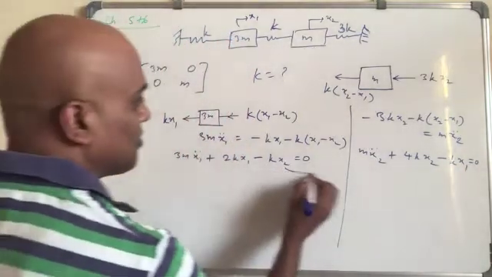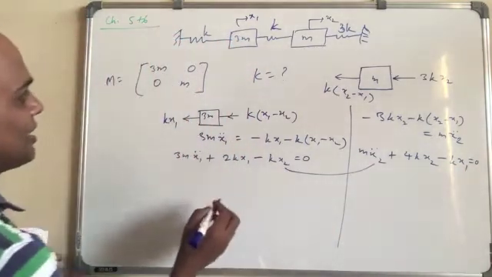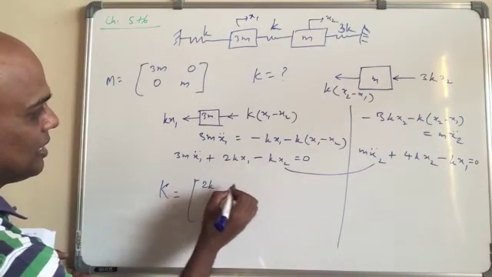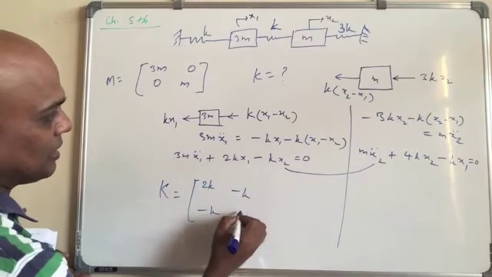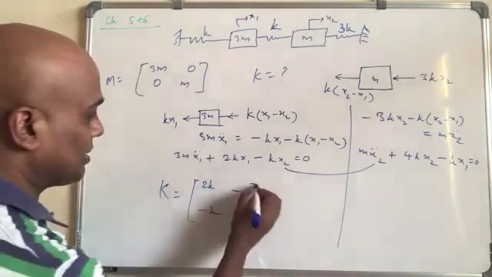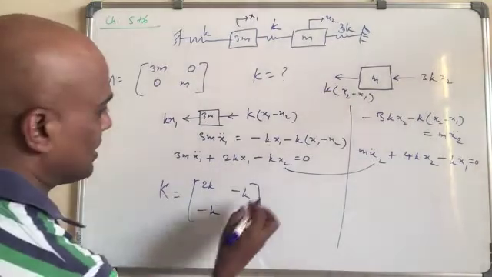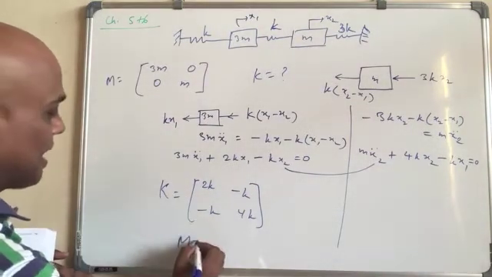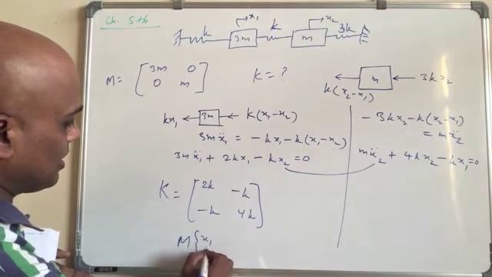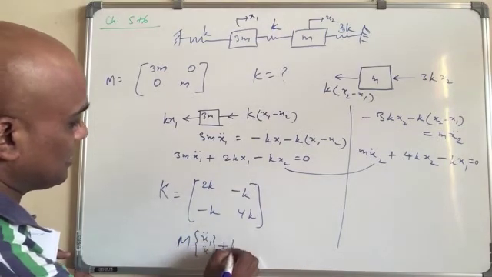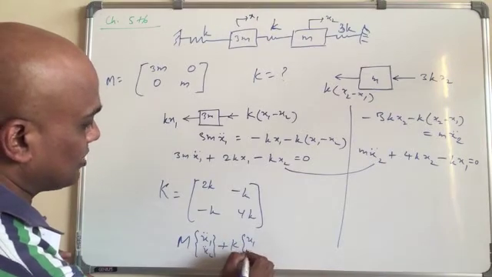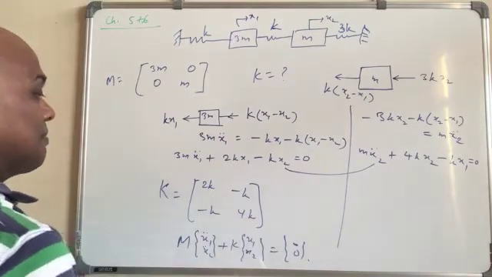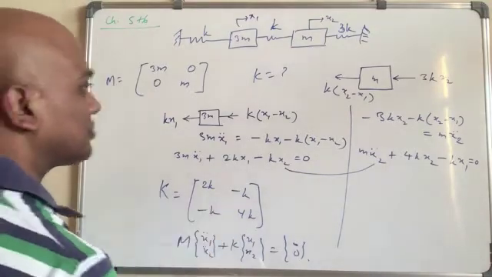If you write both of them together, you get k equal to 2k, minus k, and 4k here. So the final equation will be m times x1 x2 double dot plus k times x1 x2 equal to 0.